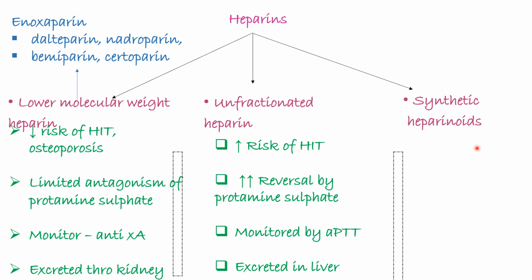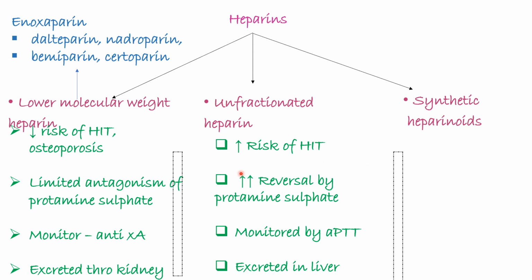In synthetic heparinoids, the synthetic and low molecular weight heparins are similar in terms of their mode of action, and the mode of action is they stimulate antithrombin 3, which later inhibits factor 10A.